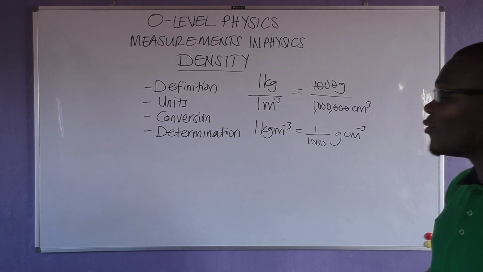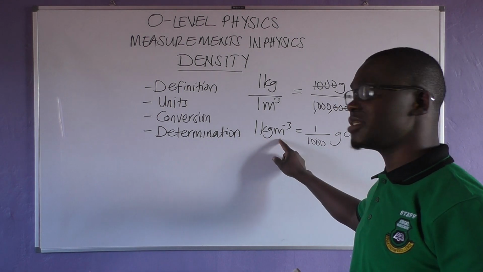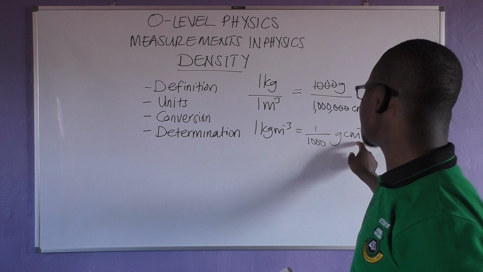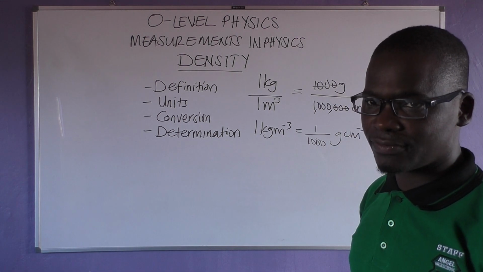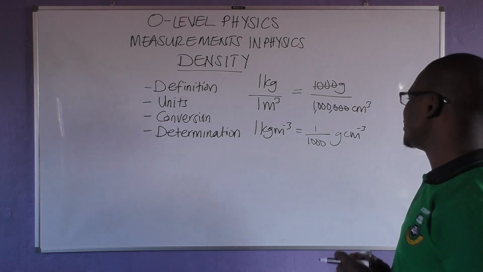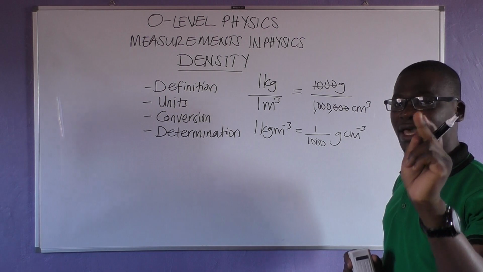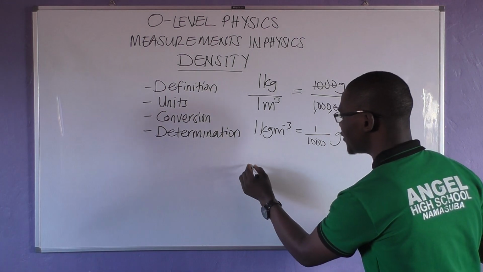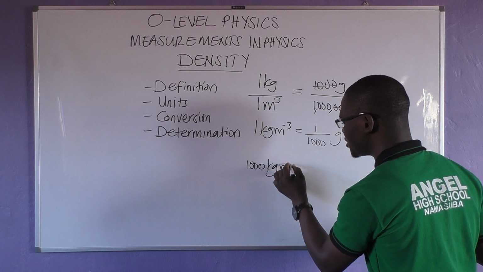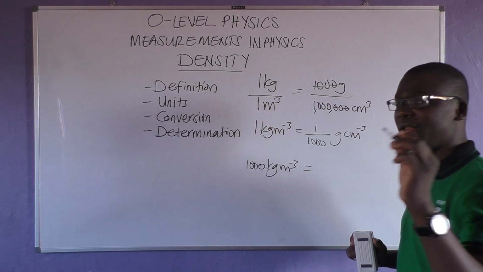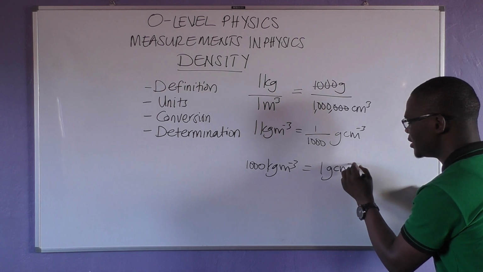And that means that whenever I'm changing from kilogram per cubic meter to grams per cubic centimeter, I should divide my values by 1,000. If we multiply through by 1,000 on both sides, that gives us 1,000 kilograms per cubic meter being equivalent to 1 gram per cubic centimeter.